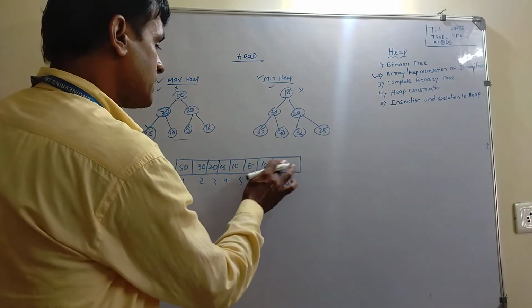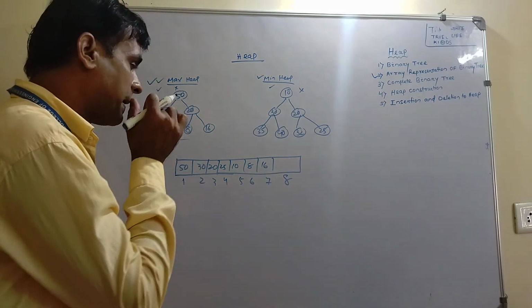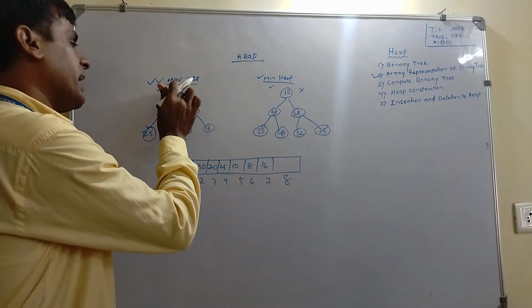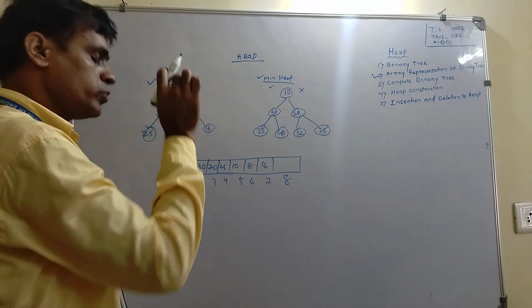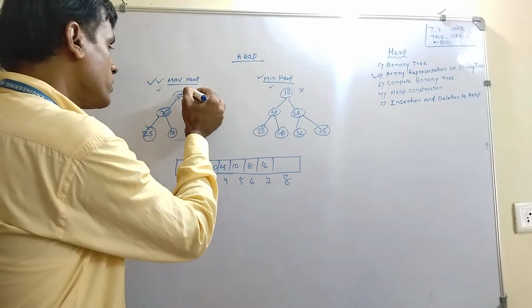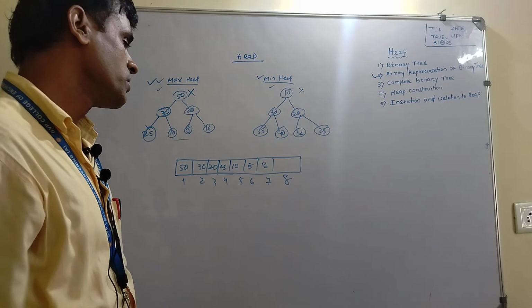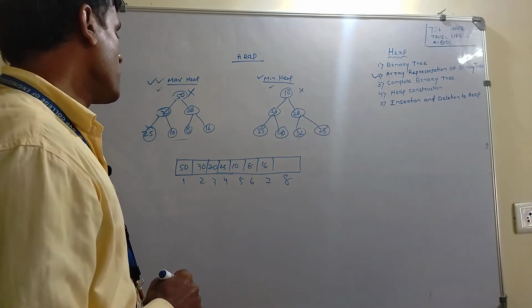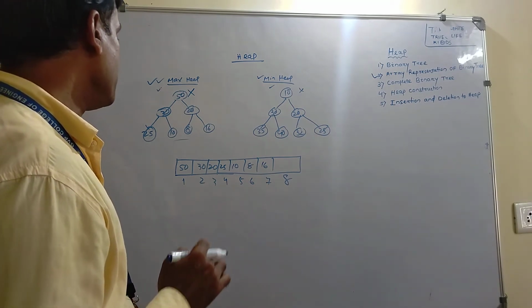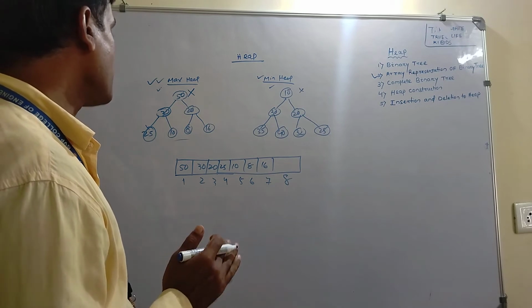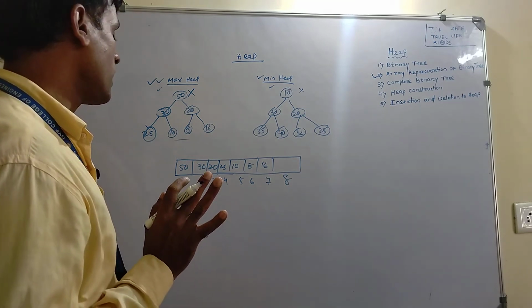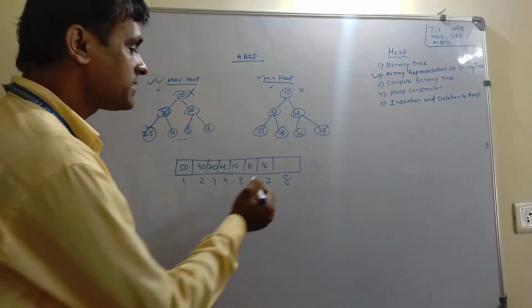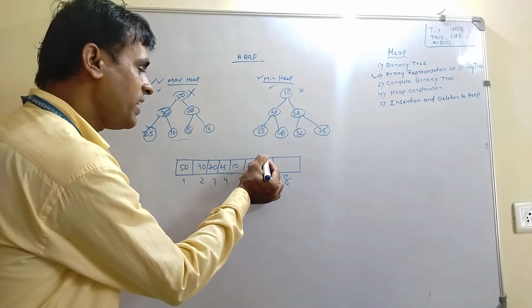What is the question here? This is the vacant place. Whenever you are deleting an element, you should delete only the root. So whenever you delete the root, the logic is to put the last element in that root. The last element is 16. Fill that place.